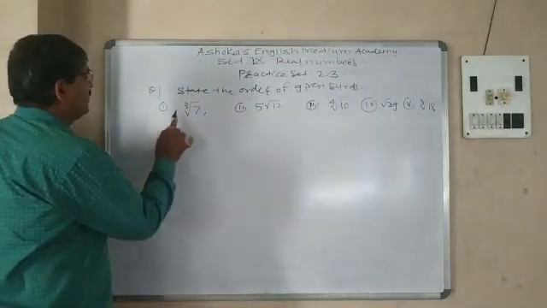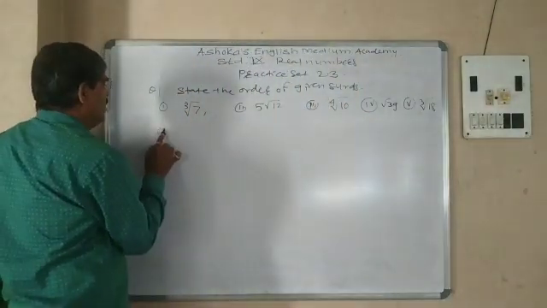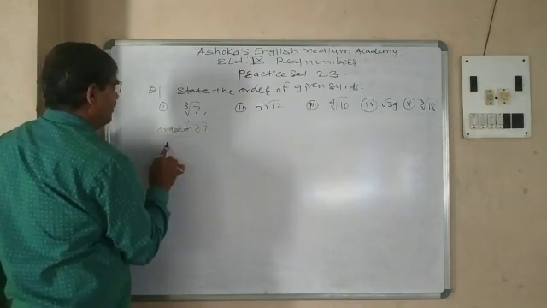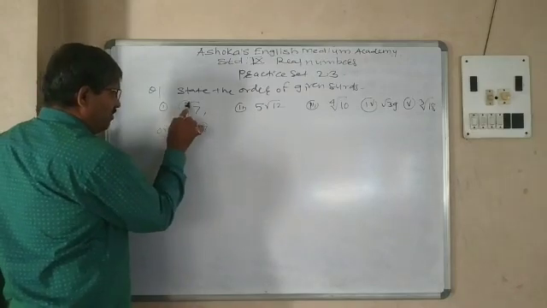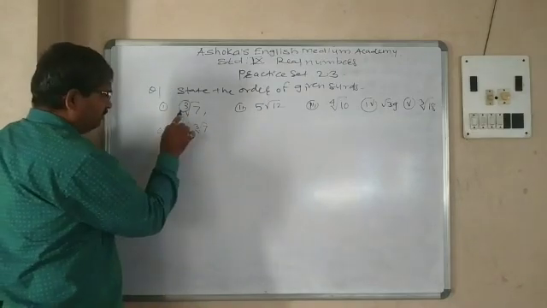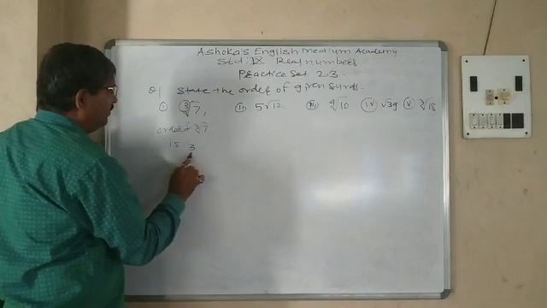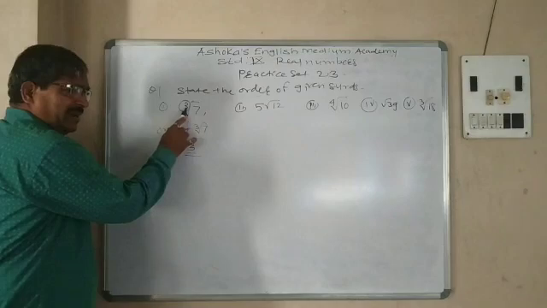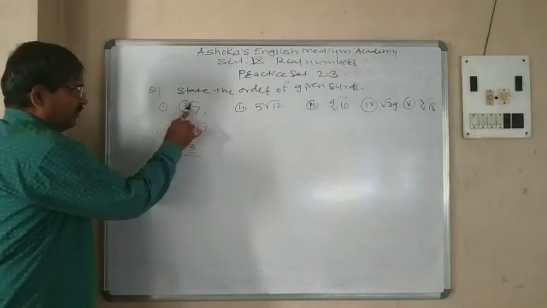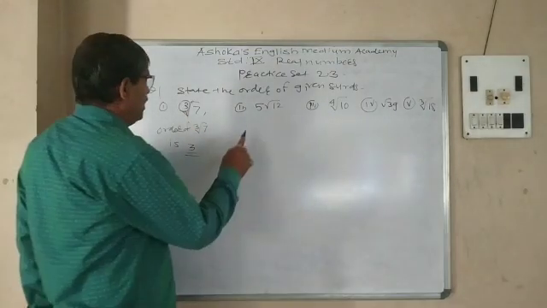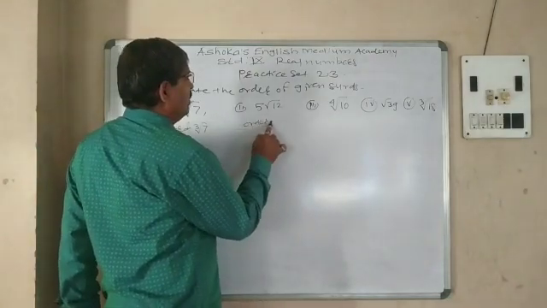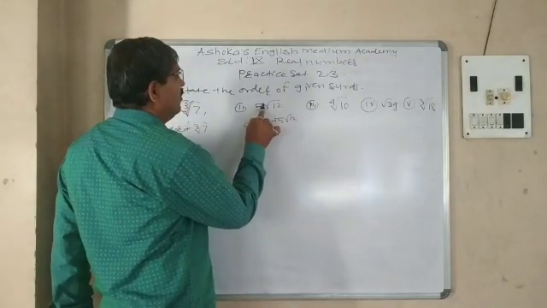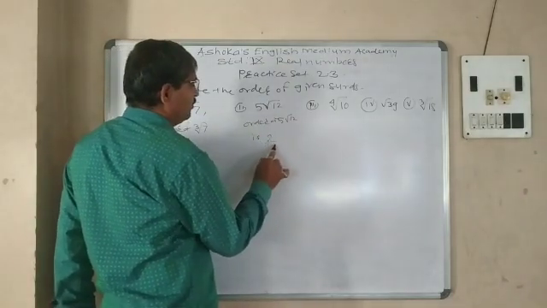We will study here. Now the order of the cube root of 7 is 3. Understand what I mean? The number which is written in the radical sign is the order. Now the order of 5 under root 12 is 2, because nothing written here means 2.